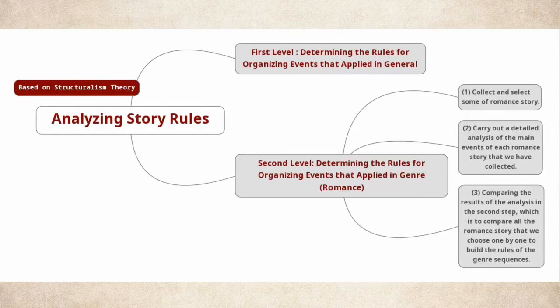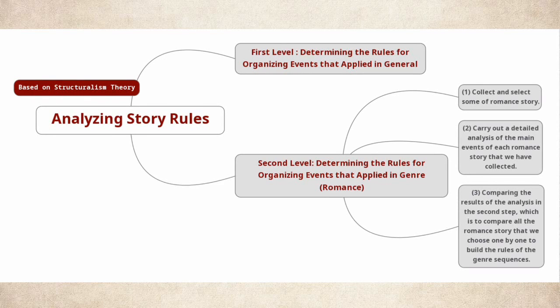Based on structuralism theory, we can analyze the story rules. The first level is determining the rules for organizing events that apply in general. Story scholars who use structural theory refer to this level as story sequence analysis.